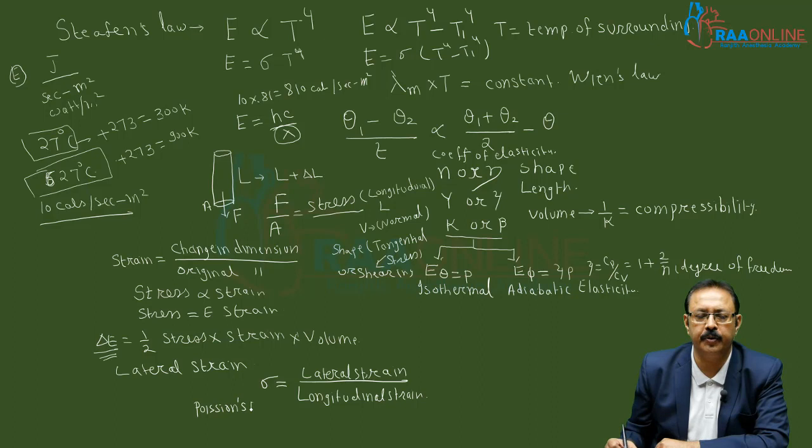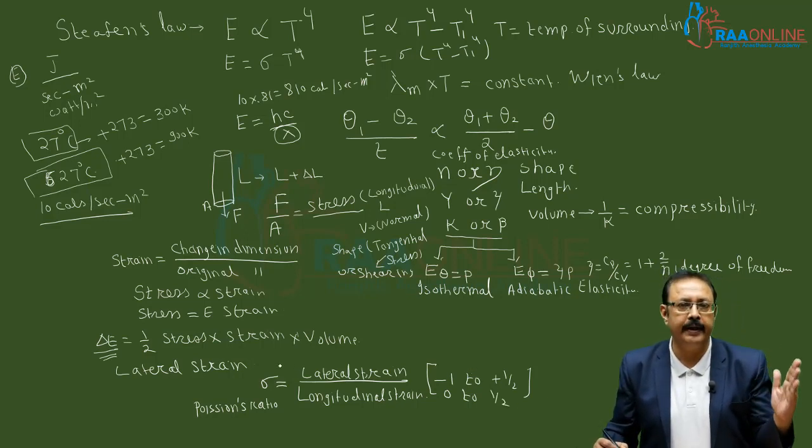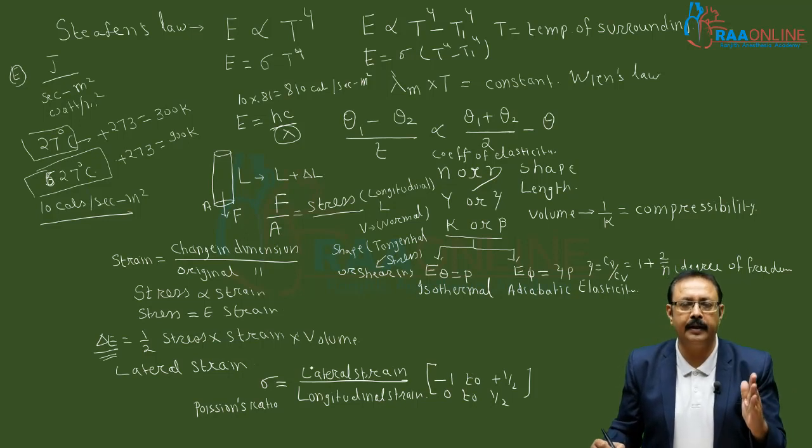Once they asked in a competitive exam about its theoretical limit. Theoretical limits are from -1 to +half, and practical limits are 0 to half. For different materials, it will vary from theoretically -1 to half and practically 0 to half.